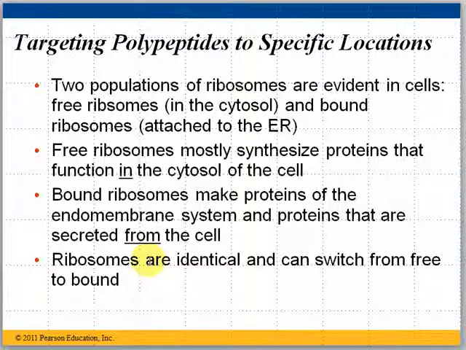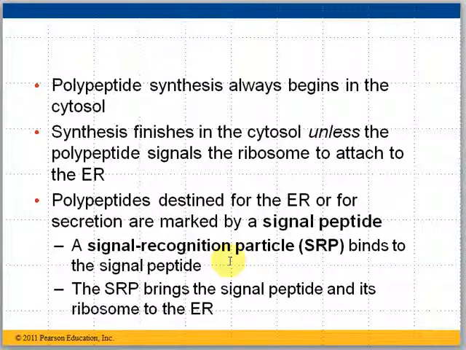These ribosomes, whether they are free or bound to the ER, are actually identical, and they can swap positions. So a ribosome that's floating free in the cytosol can become attached to the ER and vice versa as well. The way it generally works is the polypeptide chain almost always starts, or the synthesis begins, there in the cytosol in one of those free-floating ribosomes, and it will finish there in the cytosol unless that polypeptide chain is designated for a particular protein that is to go to the ER and then perhaps onto the Golgi apparatus and out of the cell.